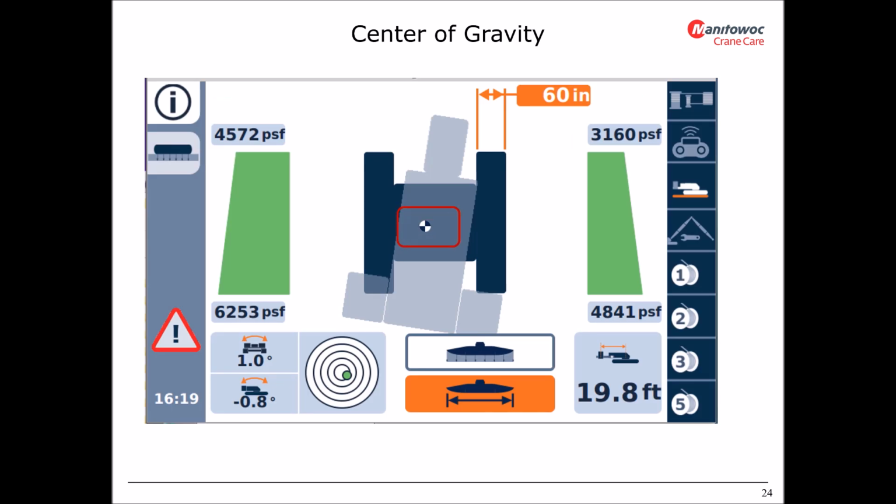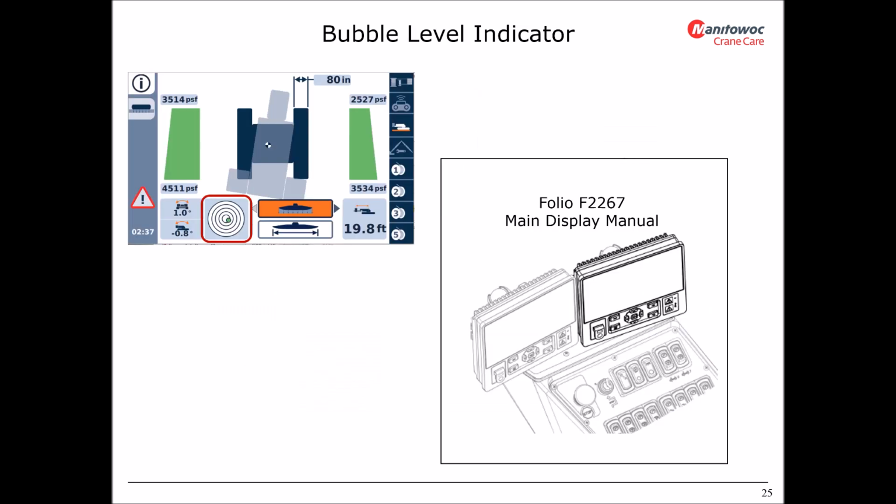The center of gravity symbol floats over the plan view and moves to show the current location of the crane's center of gravity. Bubble level indicator. In some cranes, this is an optional item. For the MLC650, please read the folio F2267 main display operation manual for further instructions.